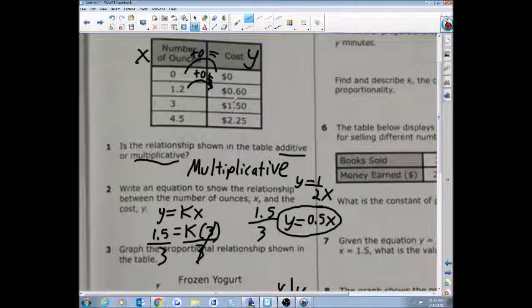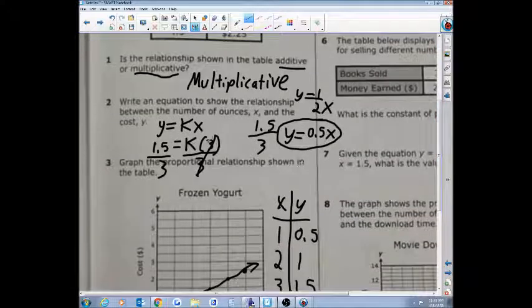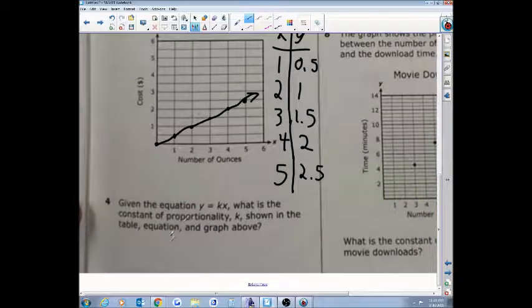And we divided both sides by 3, and we got K equals 0.5. So for here, K equals 0.5. That's the constant of proportionality. K is what we call our constant of proportionality.